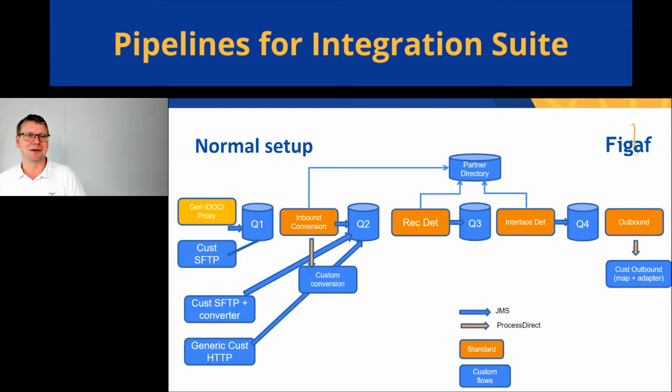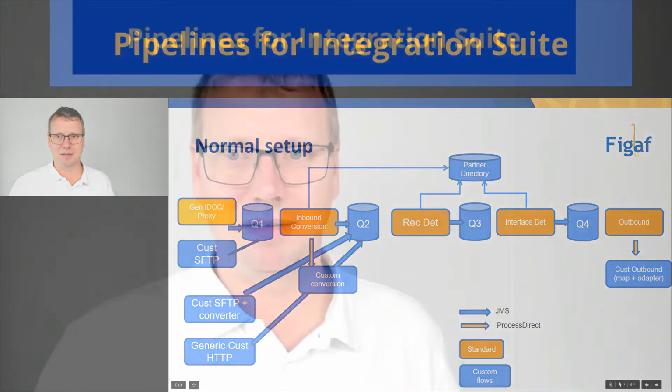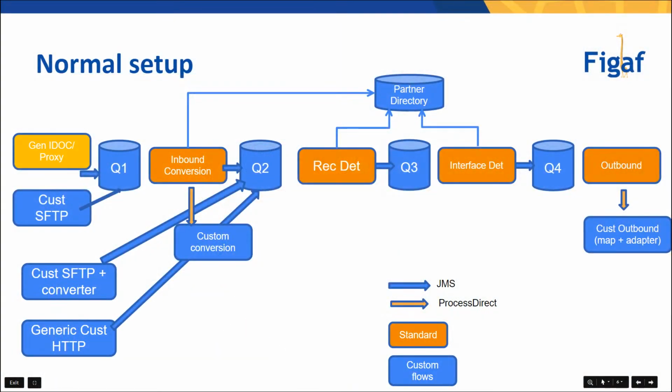So this is what it looks like. This is the beast I tried to convey here, and I think it becomes a little difficult to see everything that is going on. The main focus is that we have some inbound processing where you have methods that take an IDoc and put it into a queue.